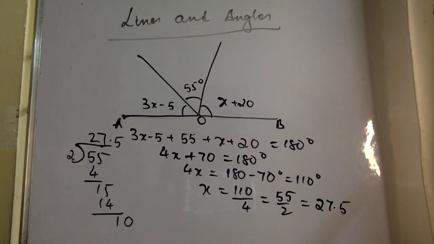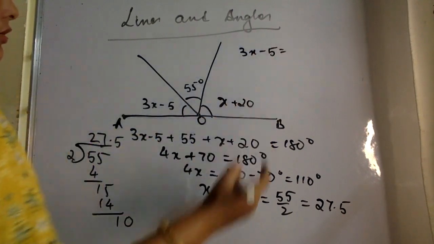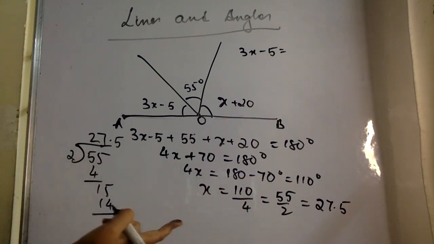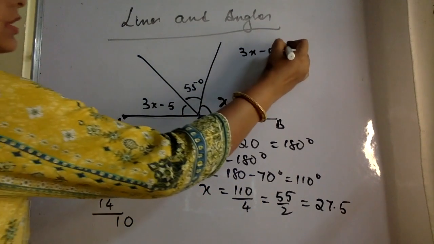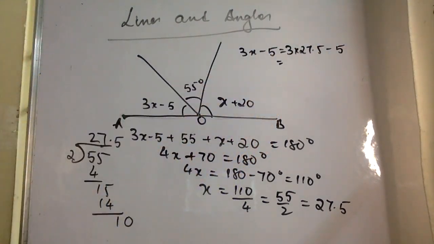Now the sum doesn't end there. The sum is now asking for the values of all the angles in this diagram. One is 3x minus 5, which is 3 into 27.5 minus 5.